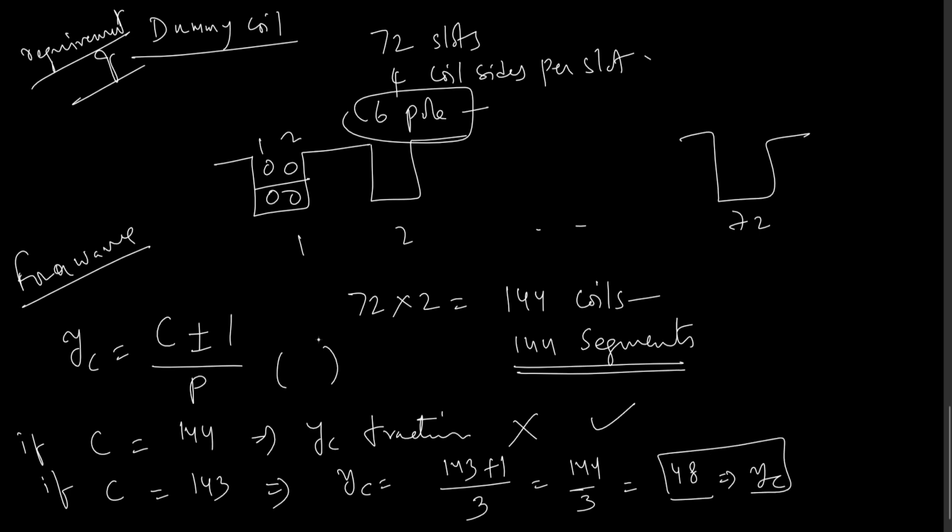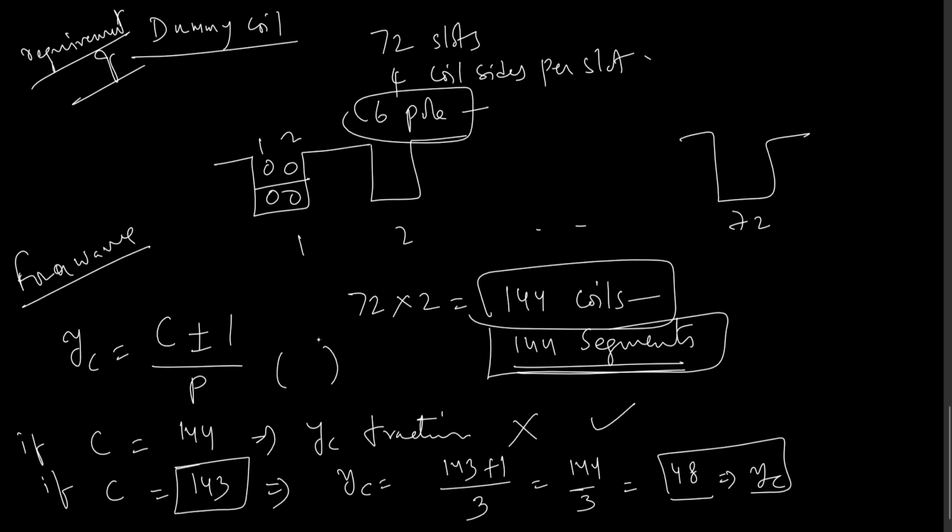Okay. So even though we have 144 coils and 144 segments, we are using only 143 segments and 143 coils for development of wave winding.